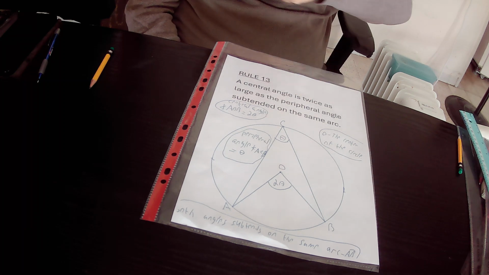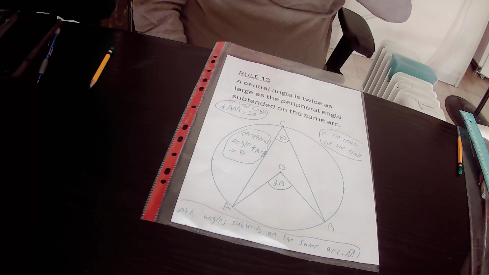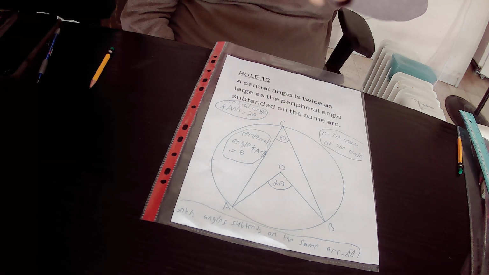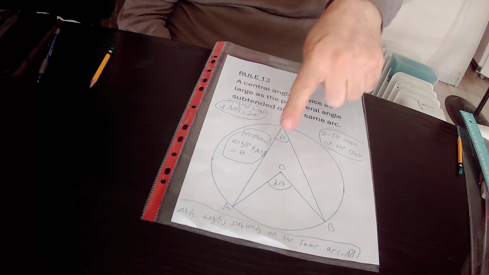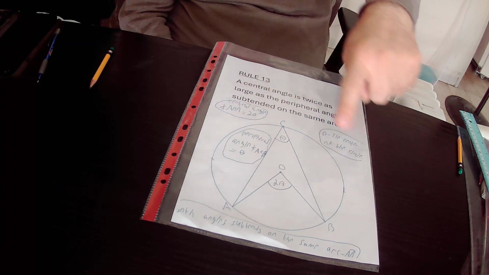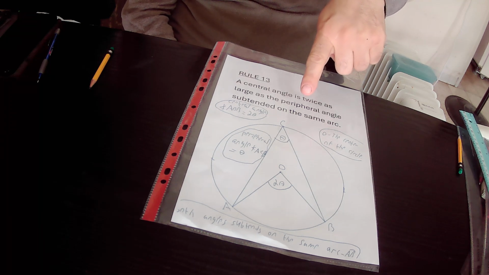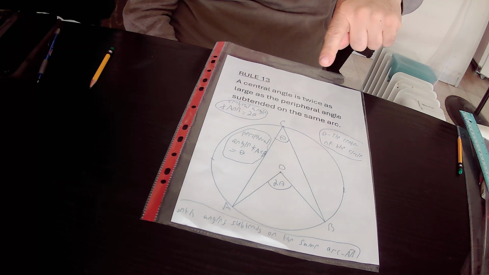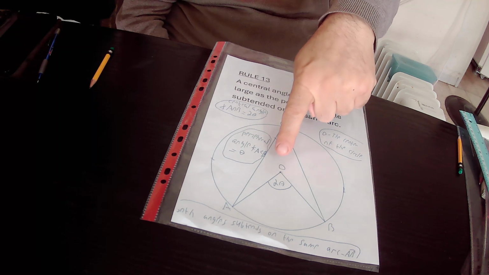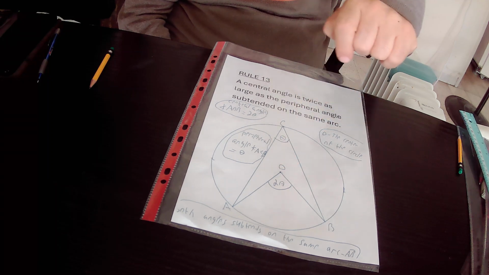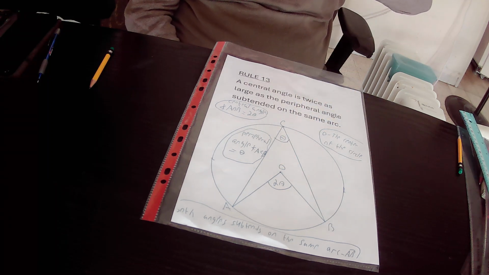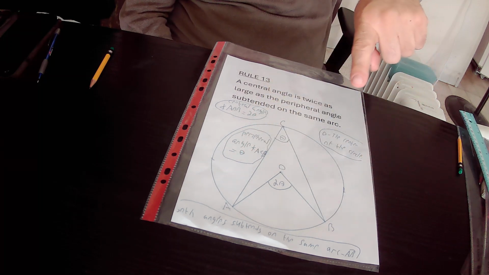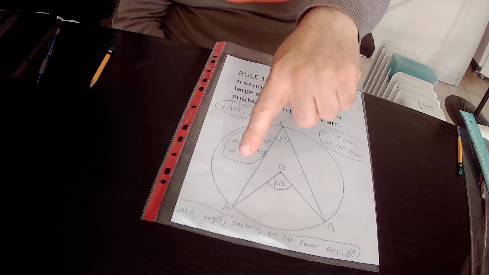In this drawing, the central angle AOB is subtended on the same arc as the peripheral angle ACB. And because the peripheral angle ACB equals theta, therefore the central angle AOB must be equal to 2 theta, because it is also subtended on the same arc AKB, the same arc as peripheral angle ACB.